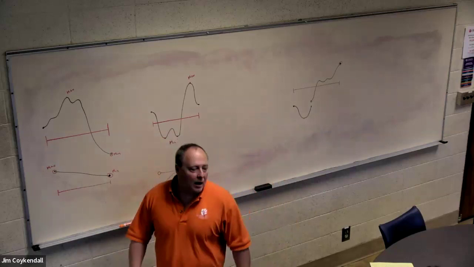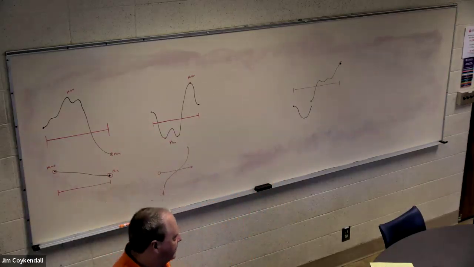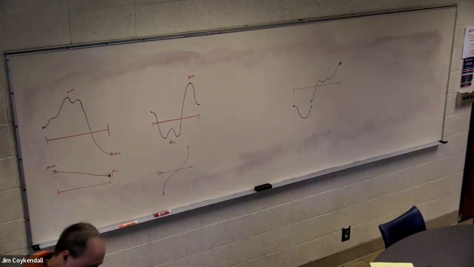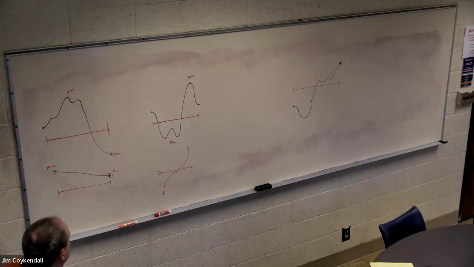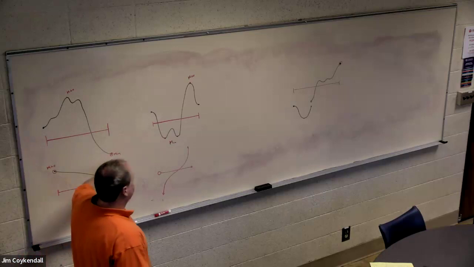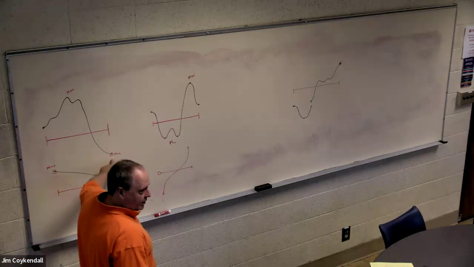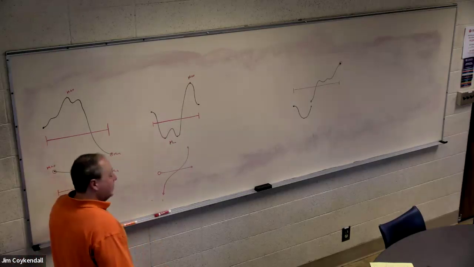What seems to happen a lot? We might classify where the extreme values occur in a couple of ways. One way is they occur at the end of the interval. You see this right here, this min occurs right at the endpoint. You see this here, where both the max and the min.